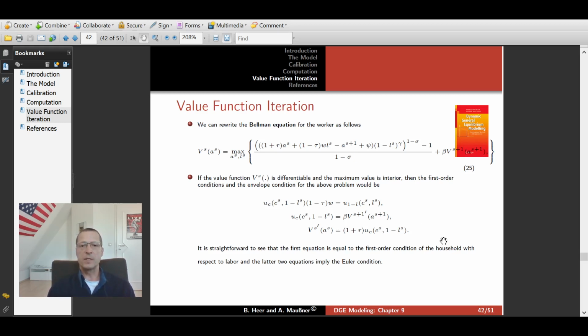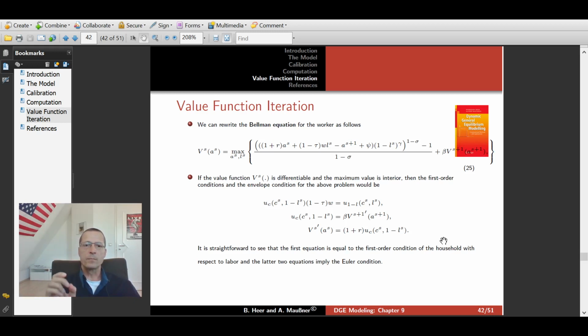So let us assume that the value function is differentiable and that the maximum value is an interior value. We will look in the computer program at what happens if it's not interior, but if it's at the credit constraint that assets must be larger or equal to 0 binds, so that the optimal next period asset is 0. But let's look at the interior solution first.